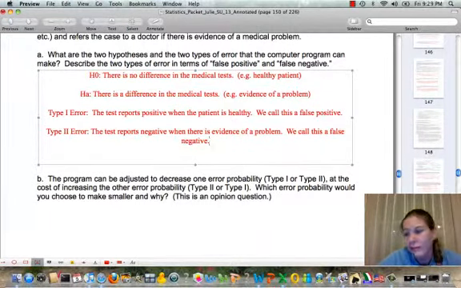So this computerized medical diagnostic program that we're examining in this example can be adjusted to decrease one error probability, type 1 or type 2, at the cost of increasing the other error probability. So if you decrease type 1, you increase type 2, and vice versa. So which error probability would you choose to make smaller and why?